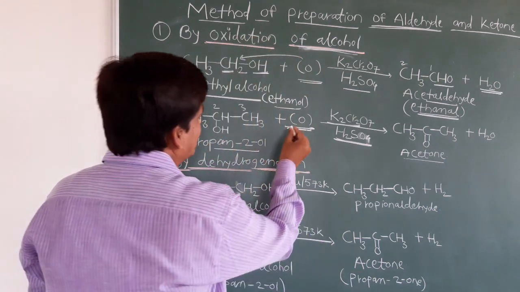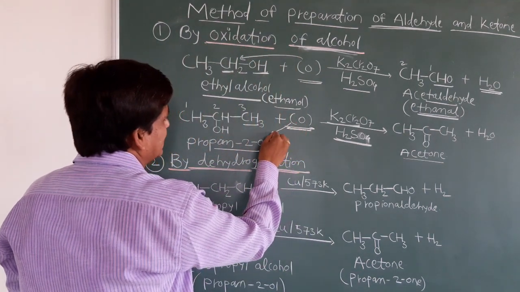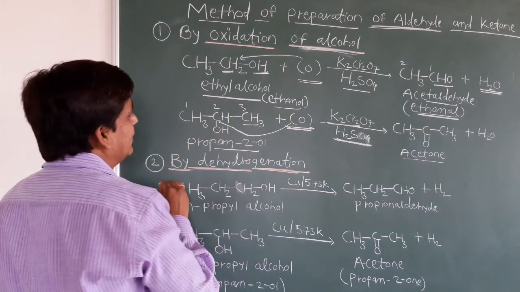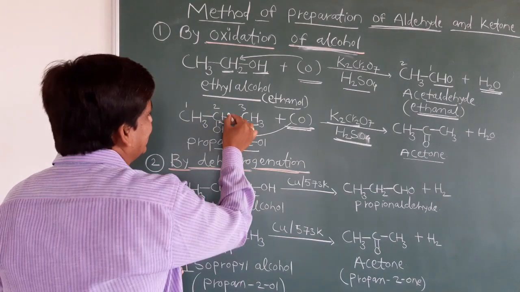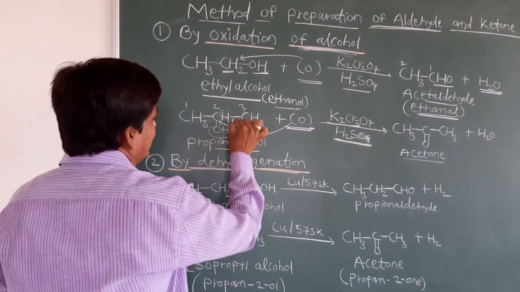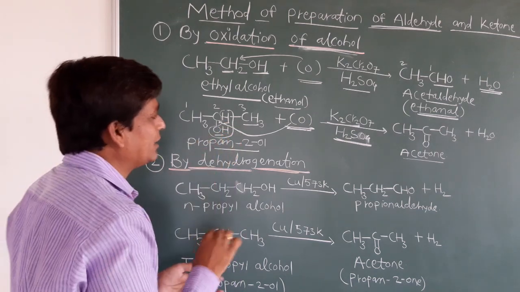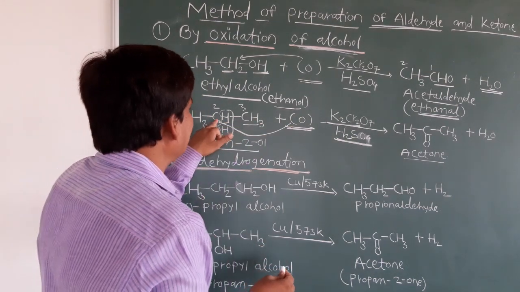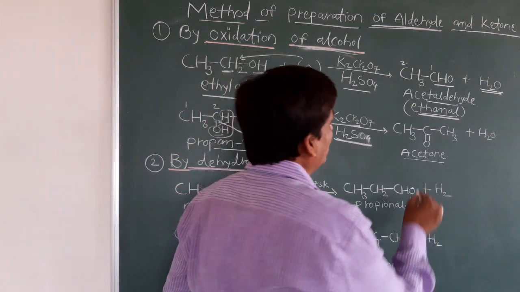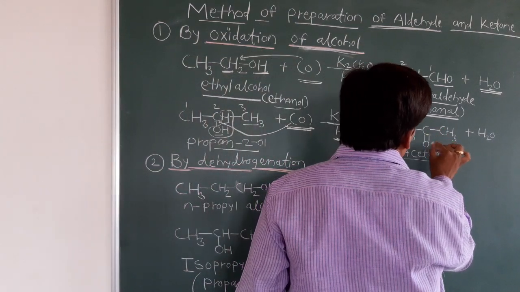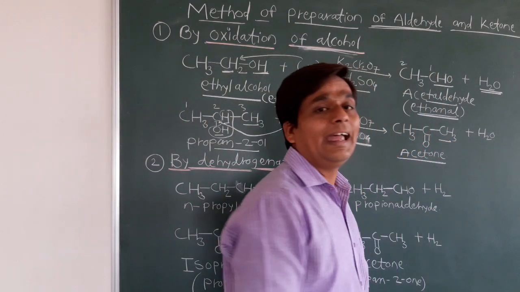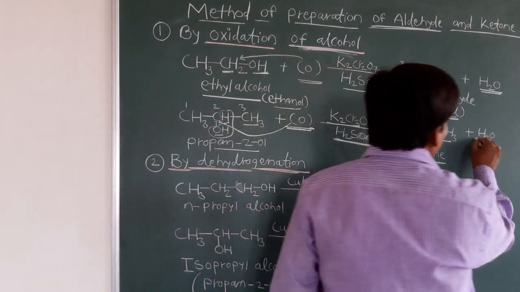See the mechanism of this reaction. When this oxygen is attached here, the water molecule is removed, this H and this OH group. Now it is converted into a double bond. So we get CH3, C double bond O, CH3, which is acetone, and the water molecule is removed.